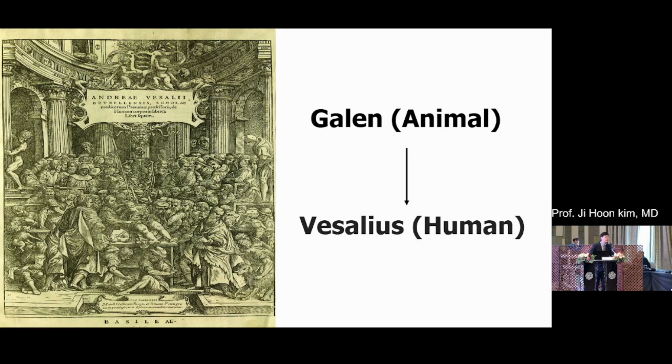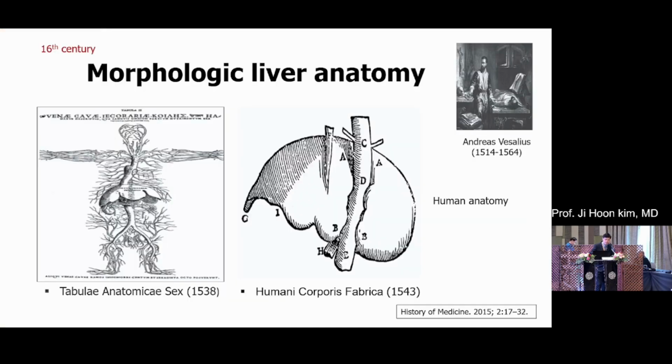In the Middle Ages, the liver anatomy was based on animals, by Galen. But in the Renaissance era, Vesalius studied anatomy by human cadaveric study. In the 16th century, Vesalius first proposed morphologic liver anatomy.